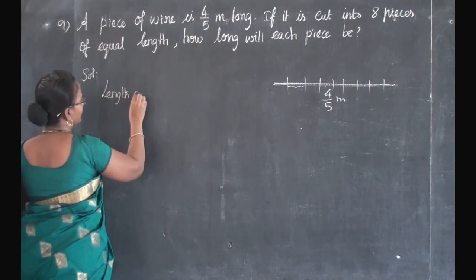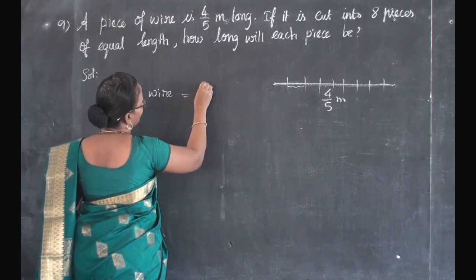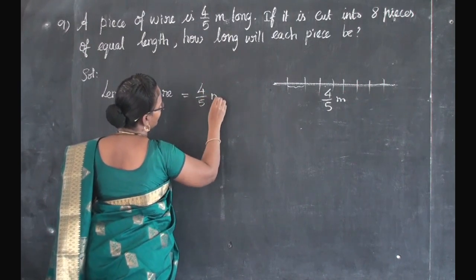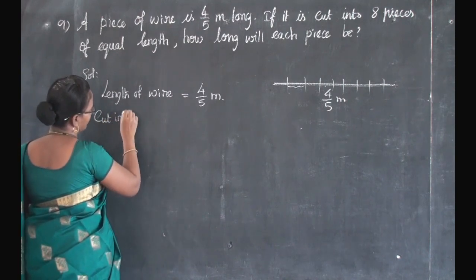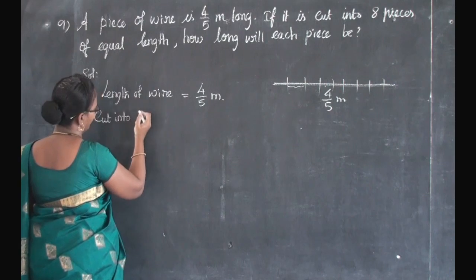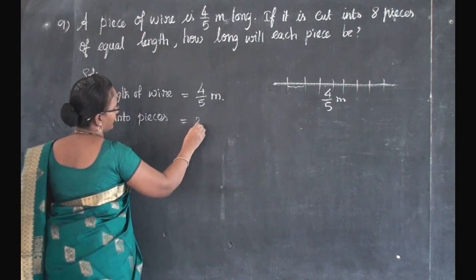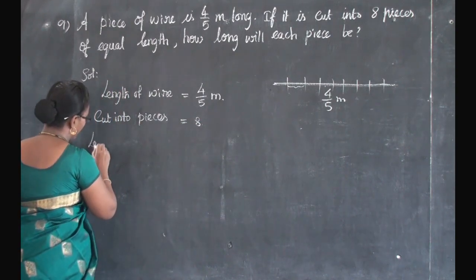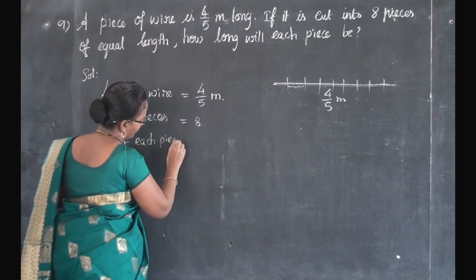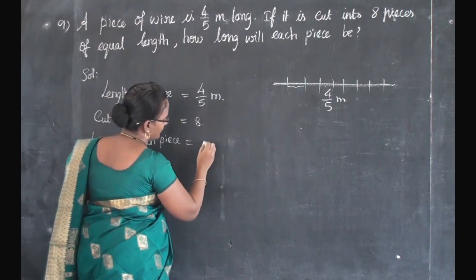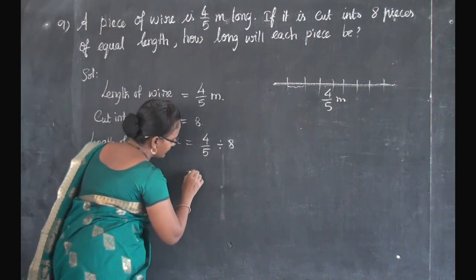So length of the wire equal to 4 by 5 meter, cut into pieces. How many pieces? 8. So now length of each piece means 4 by 5 divided by 8 will get the answer.